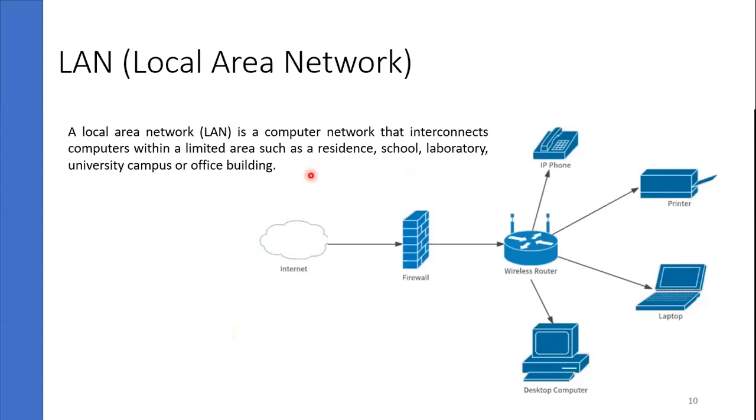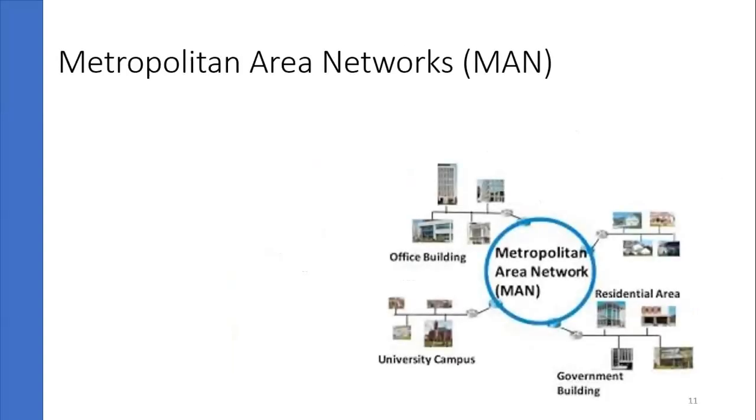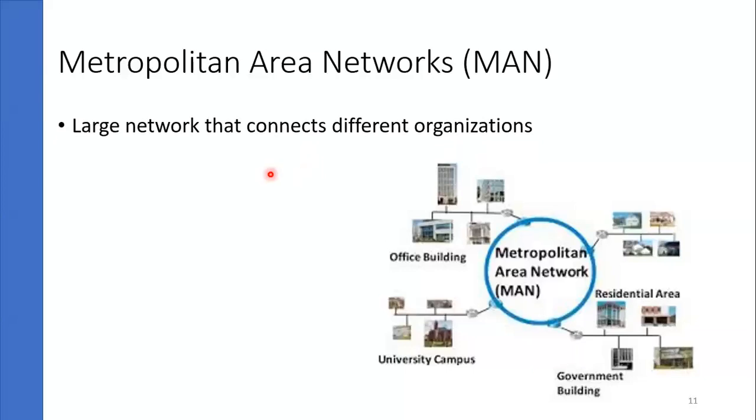This is larger than the PAN, and it communicates between a limited number of devices. Then MAN is larger than LAN, and it has communication between a lot of interconnected areas, not a single area or a single network.